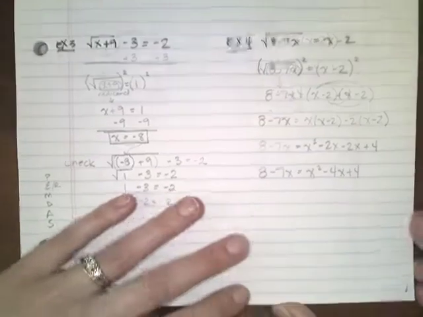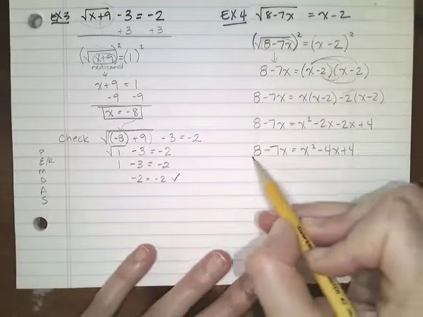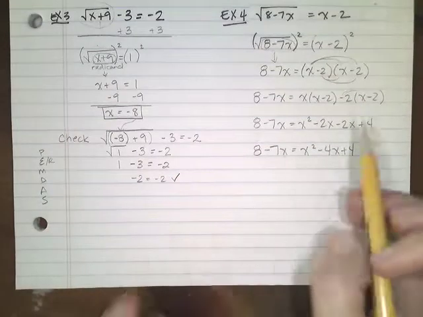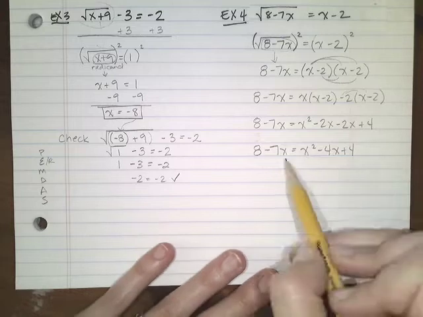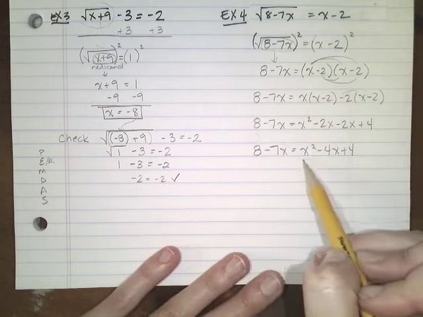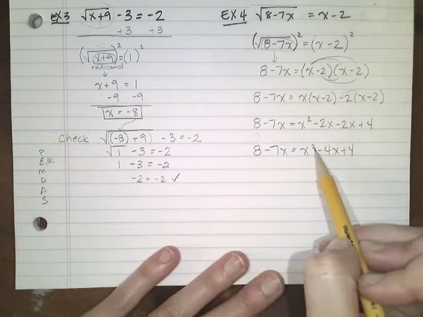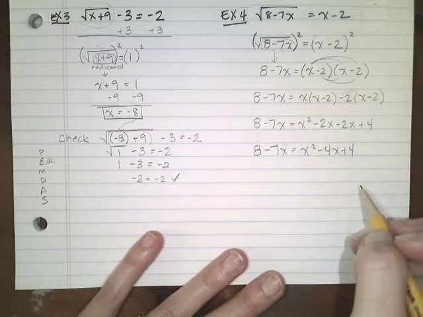Now we have a quadratic. So we always want to get all of the terms on the left, or all the terms on the side where x squared is not. Okay? I didn't say that right. We want all the terms on the side where x squared is positive. Okay? Because most likely we're going to have to factor.